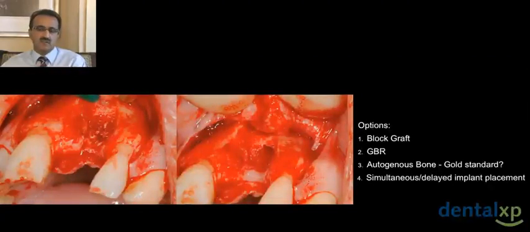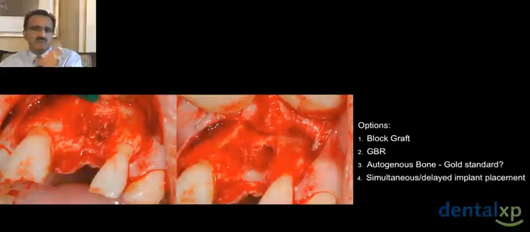Now, if in this case, for example, we were to place a block graft or a GBR procedure with bone, and we're going to lose 20% of, let's say, for the sake of argument, in this case, we have 10 millimeters of facial volume and we lose 20% of that volume. We lose essentially 2 millimeters of facial volume, if you like.